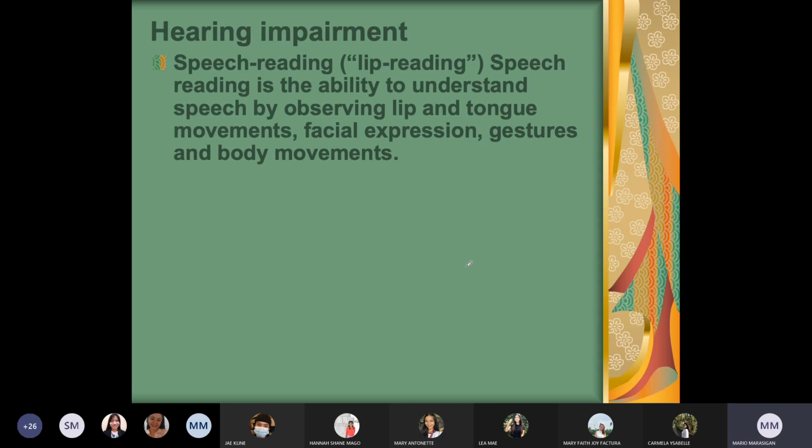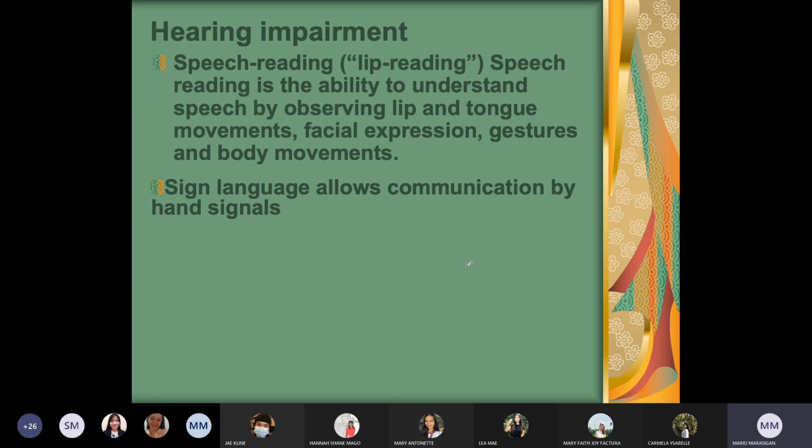Like for example, lip reading or speech reading. Speech reading is the ability to understand speech by looking or observing the lip and tongue movement, even the facial expression and body movements. Sign language also is significant. It allows communication by hand signal.